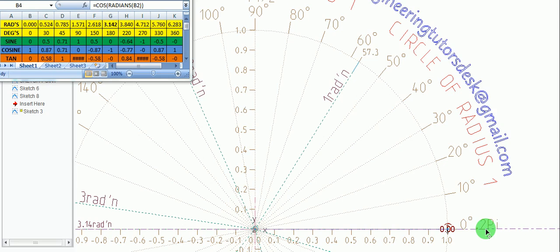Sine and tan have disappeared, which means they have taken 0 value.